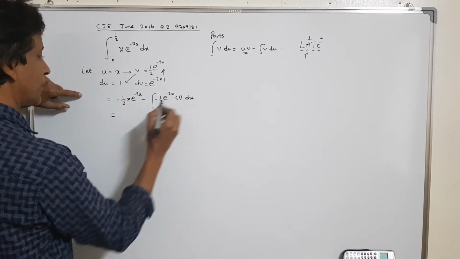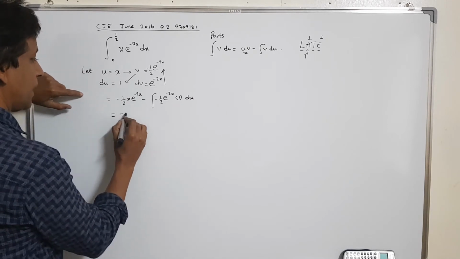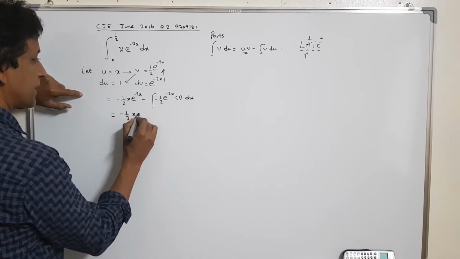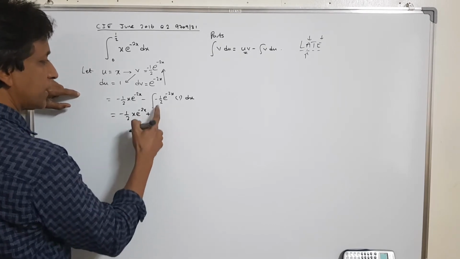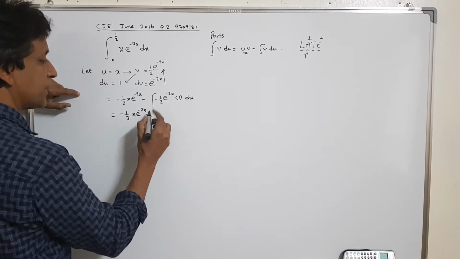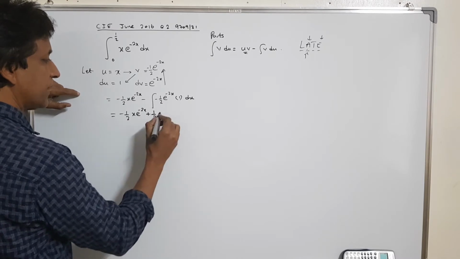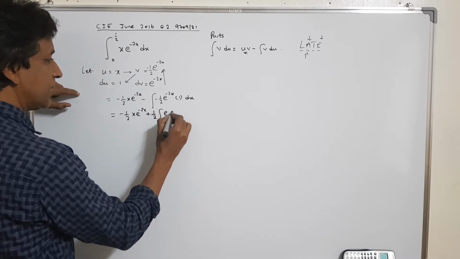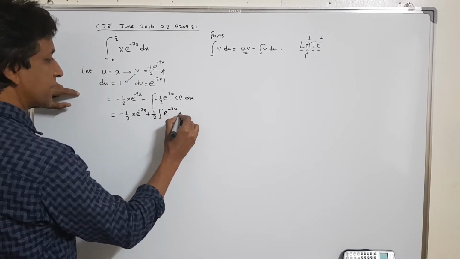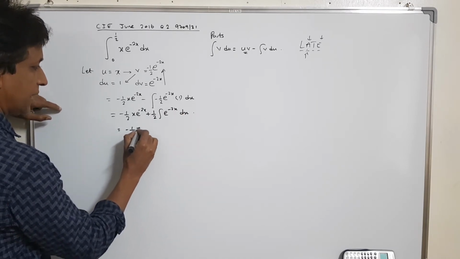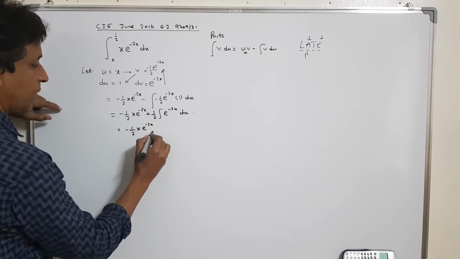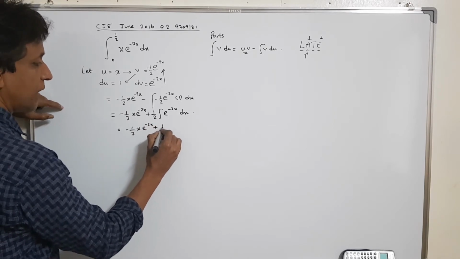So now I've got minus half x e to the minus 2x, minus the integral of that, which becomes plus, because the minus half is a constant and can come outside, and I simply have the integral of e to the minus 2x dx. So minus half x e to the minus 2x plus half.